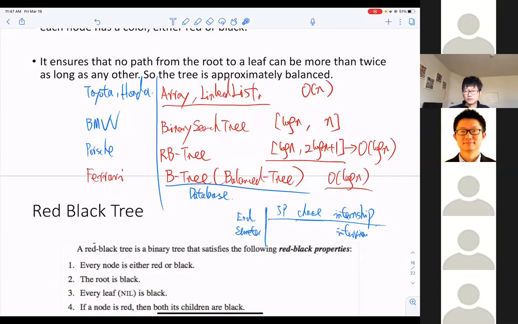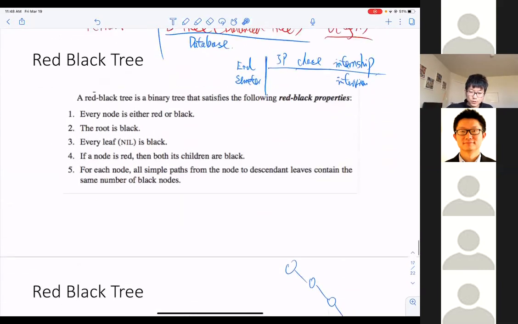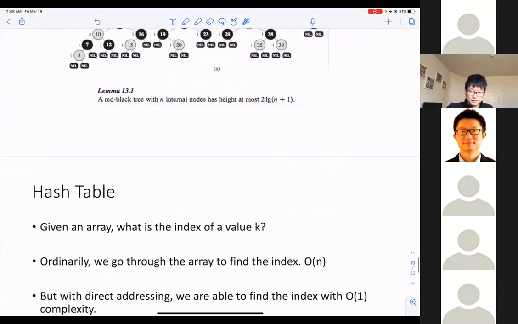You can find an advisor from our department, let that person be your advisor, and work hard on that. This can make you stand out when you are hunting for full-time jobs after graduation. So that's my suggestion.